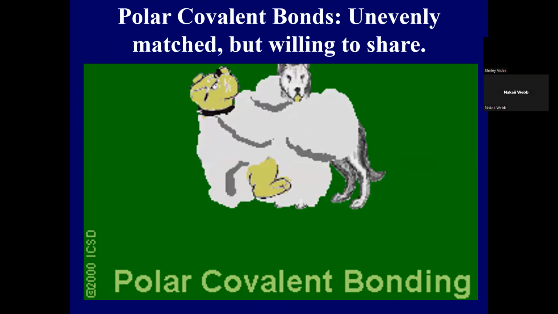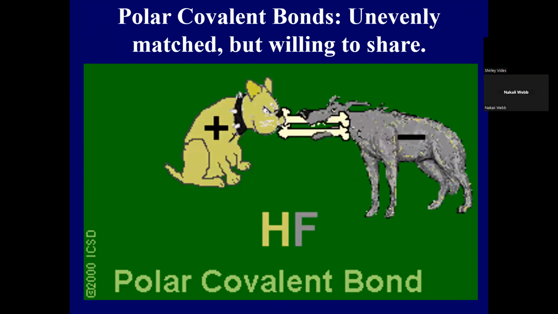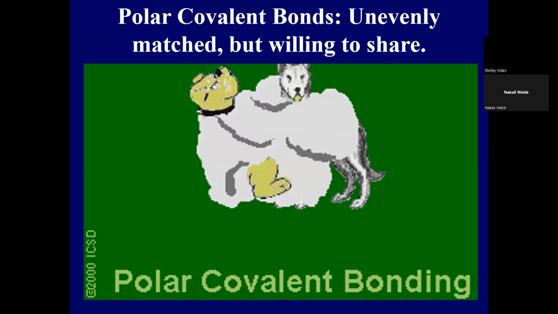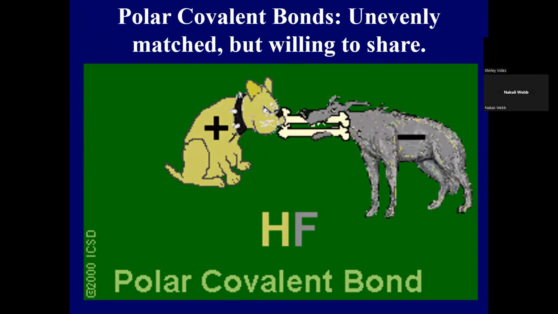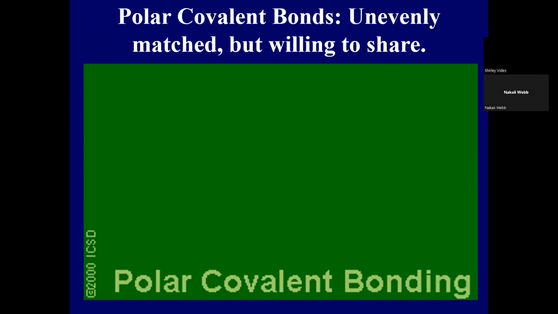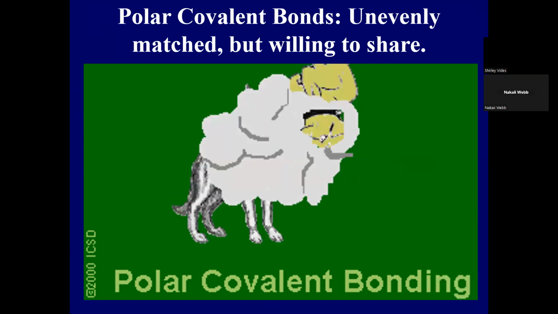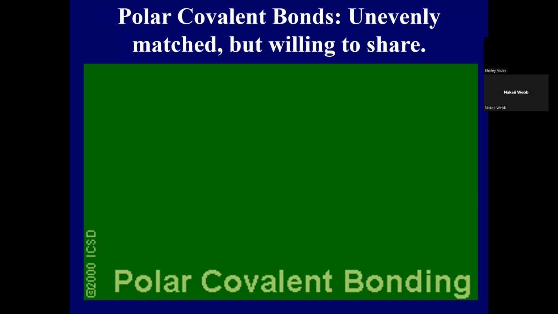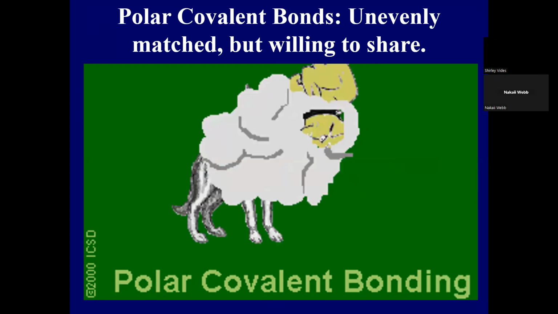Hydrogen's very lower in electronegativity than fluorine. Fluorine pulls the electron from hydrogen to itself, therefore getting a partial positive and a partial negative charge. The positive is going to be the least electronegative because the bully, right, is the most electronegative.